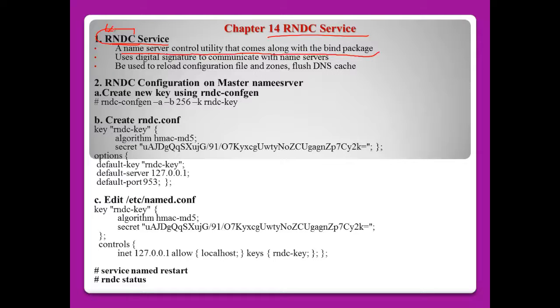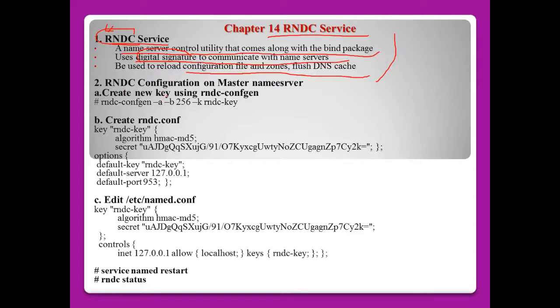Here R means remote, so we can use this service to control named remotely. RNDC normally uses a digital signature to communicate with the name server. So if we want to use the RNDC service on a slave, in this case we need digital signatures. It is used to reload the configuration file, zones, flush the DNS cache, and so on.